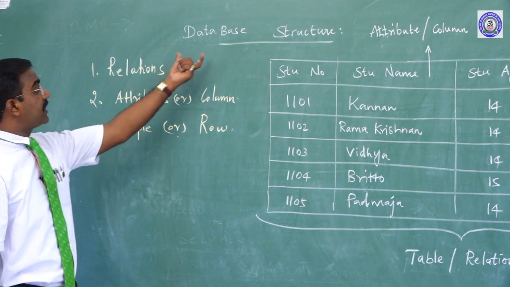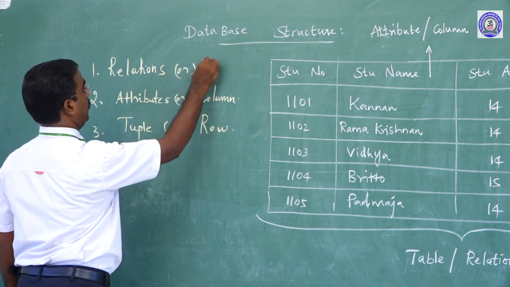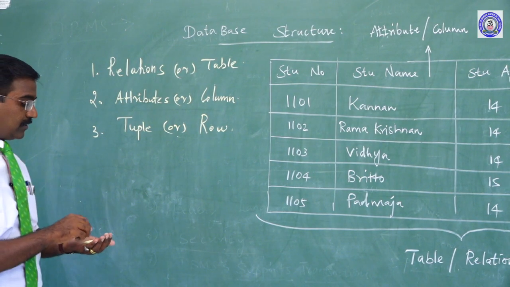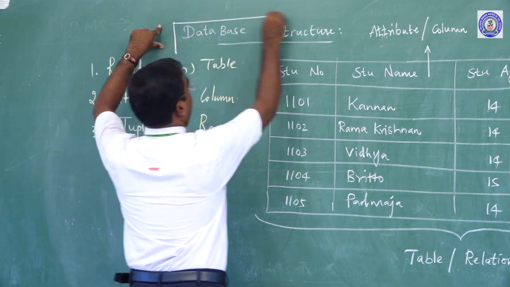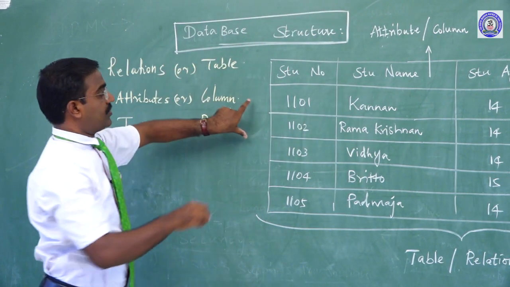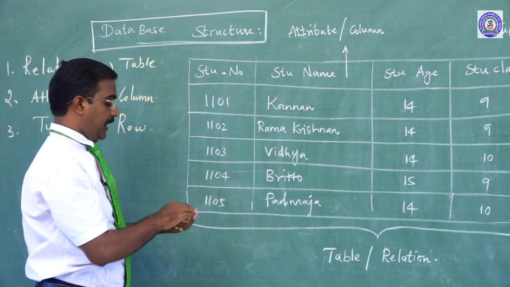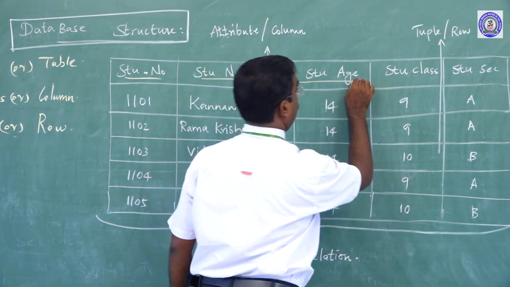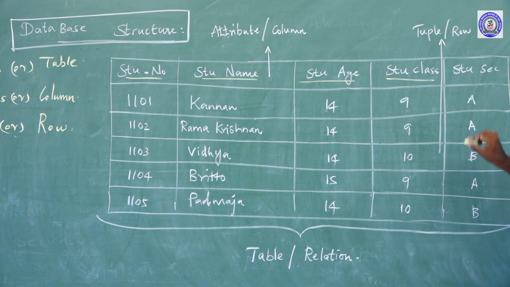Okay, relations, or tables. The relations are also called tables. Sir, you see this is a database structure. In this database structure, there is student number, student name, student age, which class the students are studying in, and which sections they are studying in.